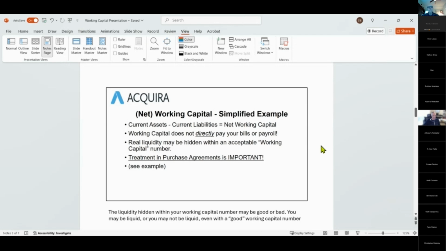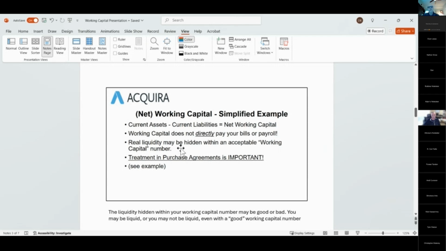So you can't pay your bills with working capital. You really can't do anything with it. You can look at it. You can understand it, which is really important, but it won't pay your bills for you. It won't pay your payroll, won't pay your vendors, your taxes, your equipment costs, anything else.